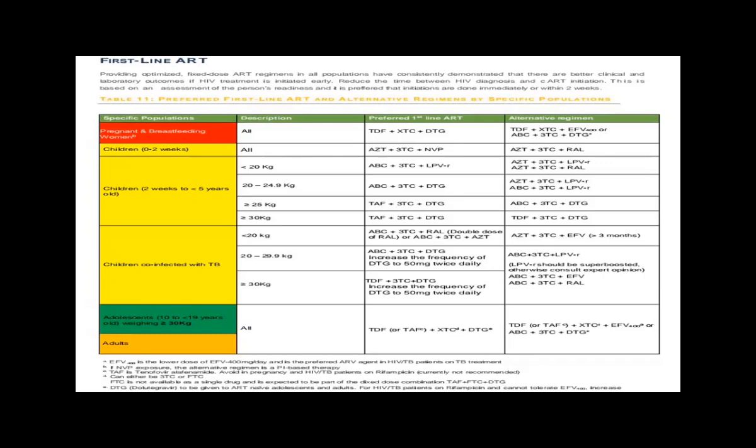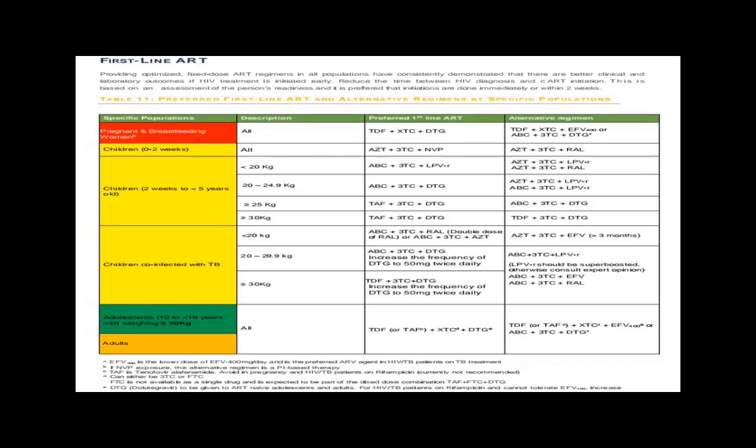And for children that are above 25 kg, we're going to give TAF, which is tenofovir alafenamide. So we have two tenofovirs, TAF and TDF. So in children, we're going to give tenofovir alafenamide plus lamivudine plus dolutegravir for children that are above 25 kg.